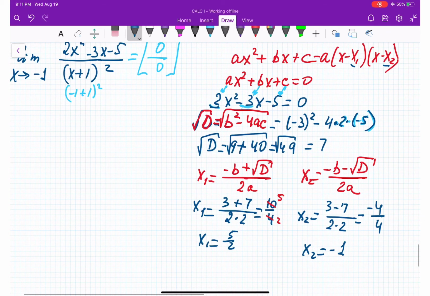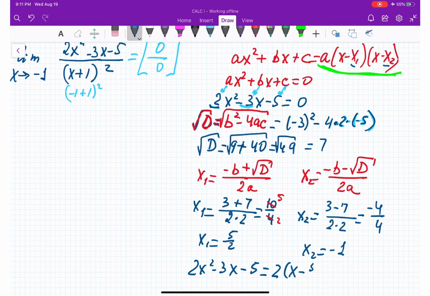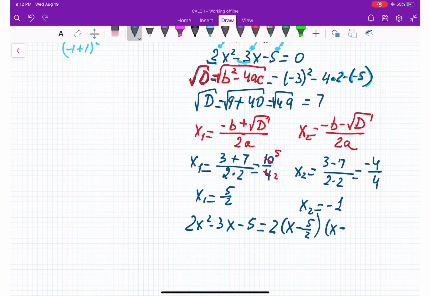Okay, now following this formula for factoring, we are getting a times, where is my a? Let me write down: 2x squared minus 3x minus 5 is equal to a times, my a is 2, then x minus x1, x minus 5 over 2, and x minus x2. So x minus negative 1 we end up with x plus 1, right?